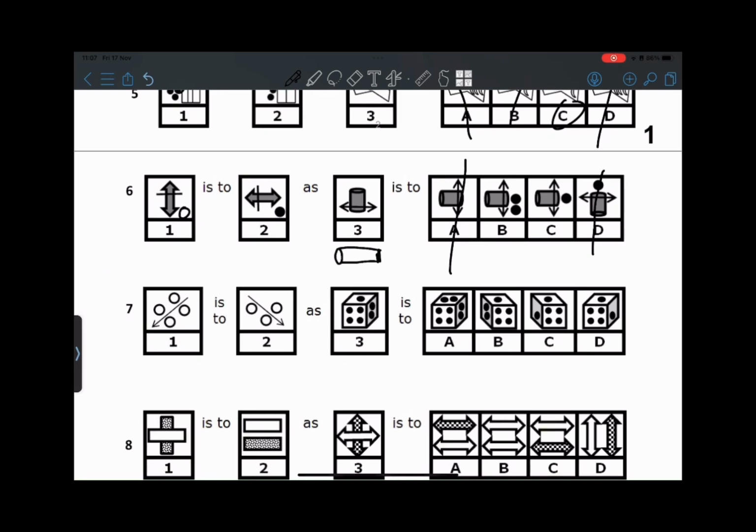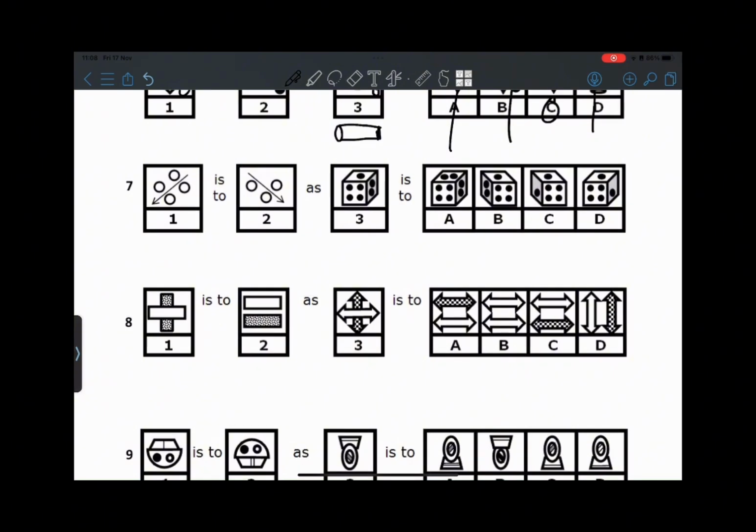I would have assumed this one should be down here. What I'm going to say, I'm going to go with C because it is one circle appearing and not 2. There's no reason for it to be 2, because the change that's happening from here to here is 0 circles to 1 circle, so it should be 0 circles to 1 circle. So I'm going to go C.